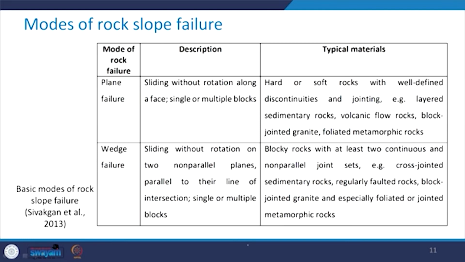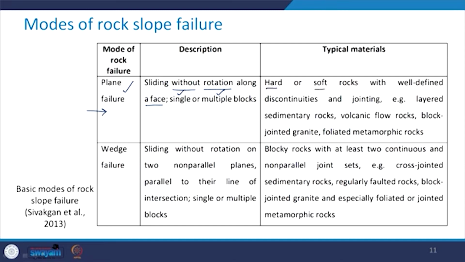Here, some description and the typical material have been given corresponding to each mode of rock failure. So, first let us take a look at the second row, which is the plane failure. There, the sliding without rotation takes place along a face. There can be single or multiple blocks which will be sliding along this face.